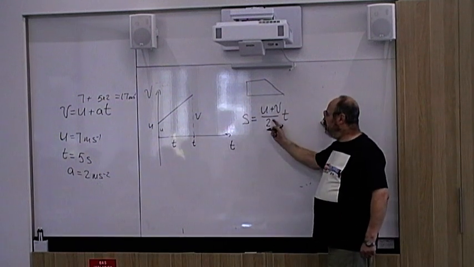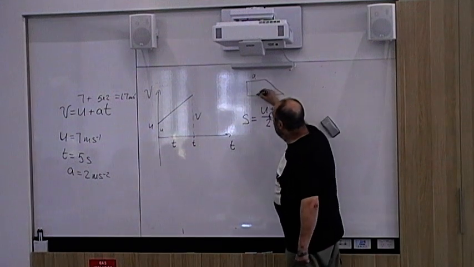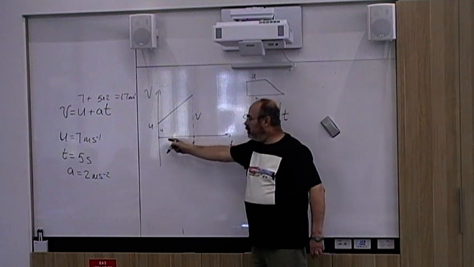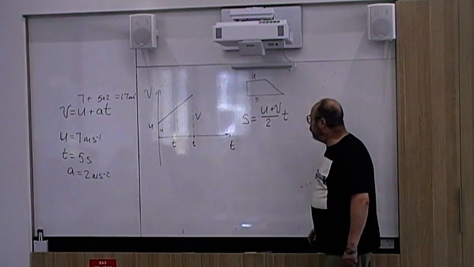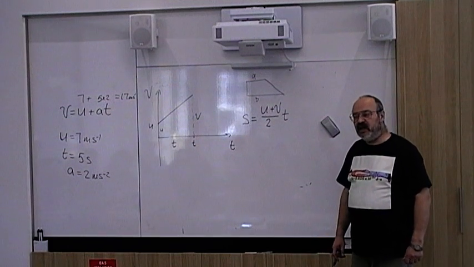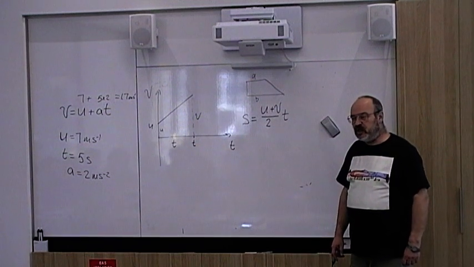Bases A and B, divided by 2, and the height is the time. So that is the formula for how we can find the displacement.